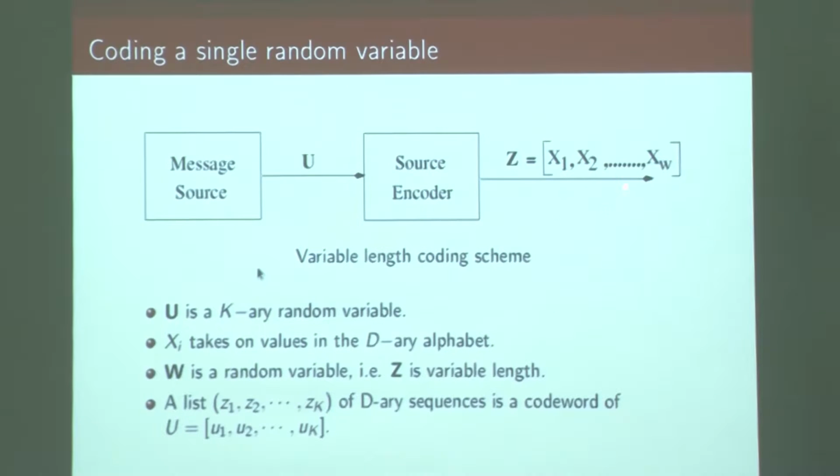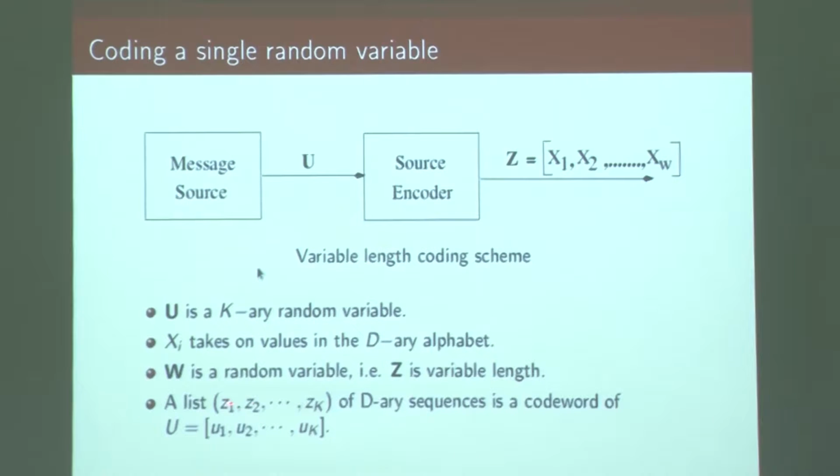And this list z1, z2, z3, zk, because u can take k possible values. Corresponding to each of them there is a code word, which I am calling z1, z2, z3, zk, where each of these z_i's is a variable length code taking alphabets from a d-ary alphabet.